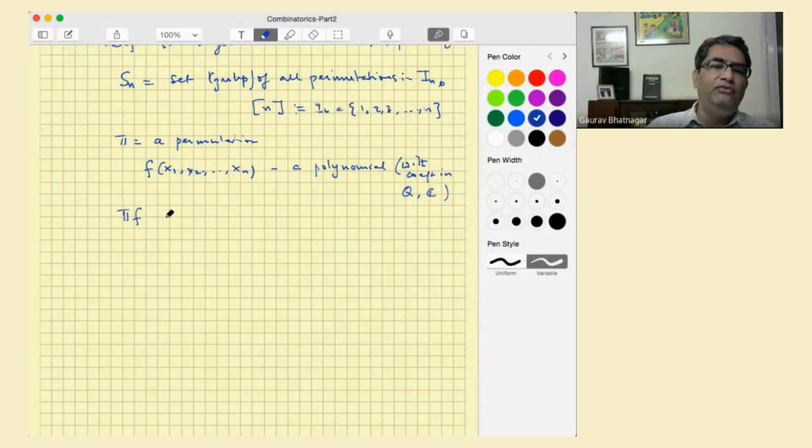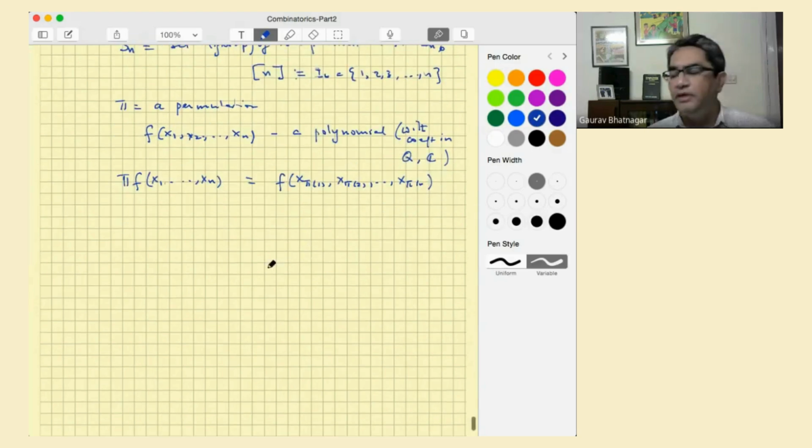And pi of f is basically you apply pi on the symbols x1 to xn. So instead of 1, 2, 3, 4 up to n, you permute the xi's, so x_pi(1), x_pi(2), and so on.